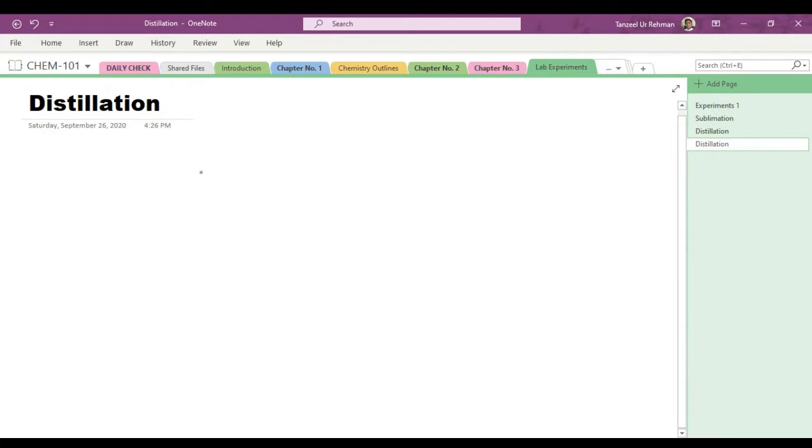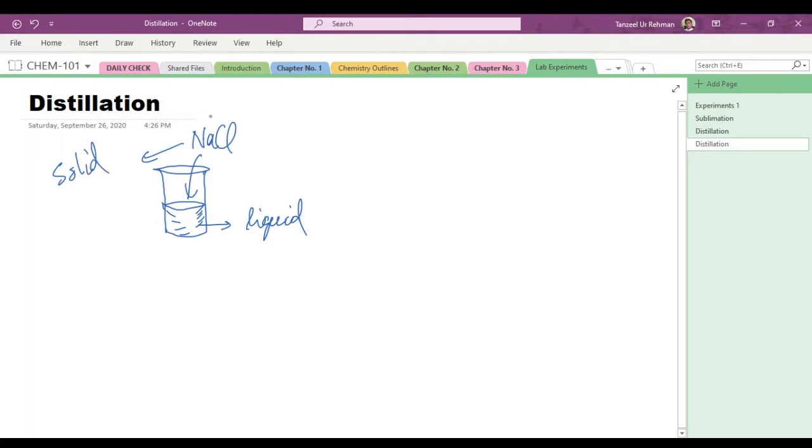If I have water in a beaker and I dissolve NaCl in water, this NaCl is soluble in water. This water is liquid and this NaCl is solid.